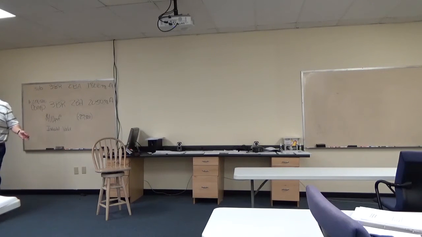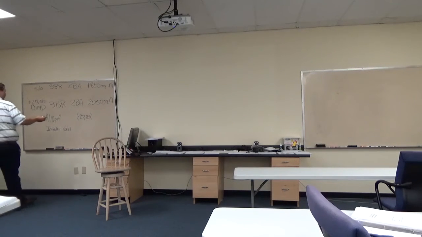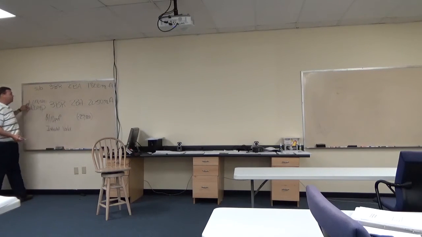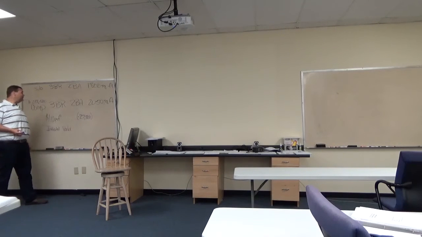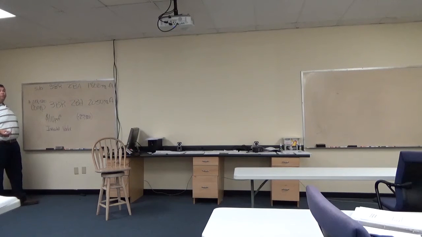How would I calculate my indicated value from that? I would subtract my adjustment from my sales price. So 218.5 minus 27.5 is 191.